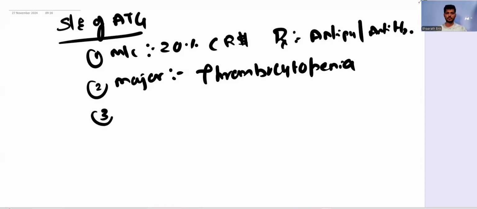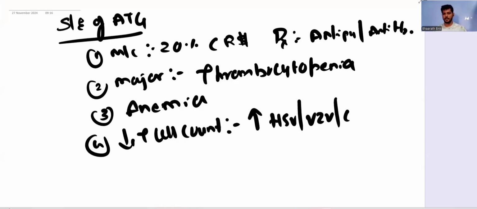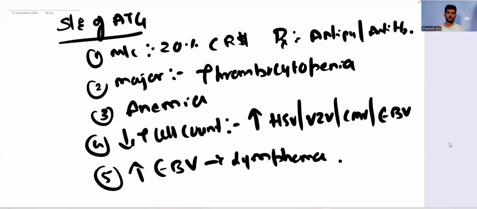It also causes anemia. And because it reduces T cell count, the patient is prone to increased viral infections like herpes simplex virus, varicella zoster virus, cytomegalovirus, and Epstein-Barr virus. Because the patient is prone to Epstein-Barr virus, the patient also has a risk of secondary malignancy, which is Epstein-Barr virus lymphoma. So these are all the side effect profiles of the ATG.